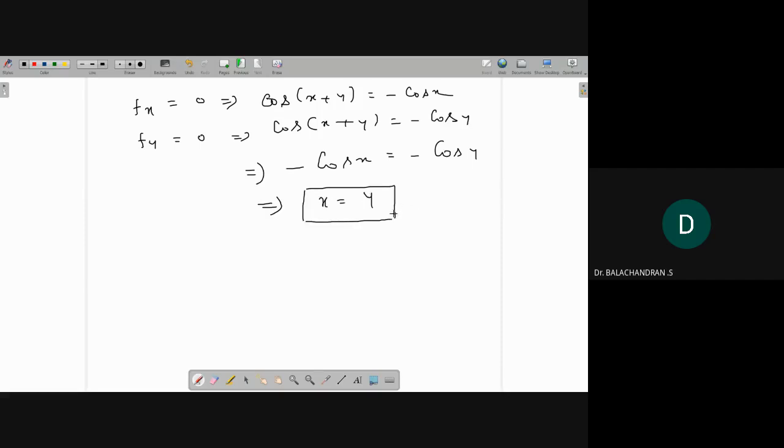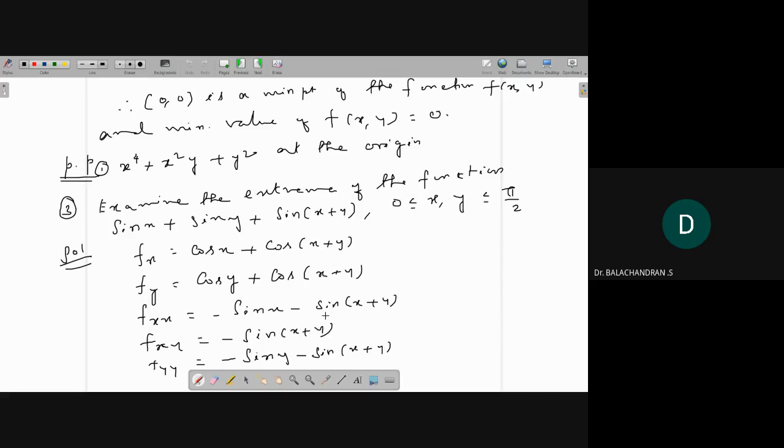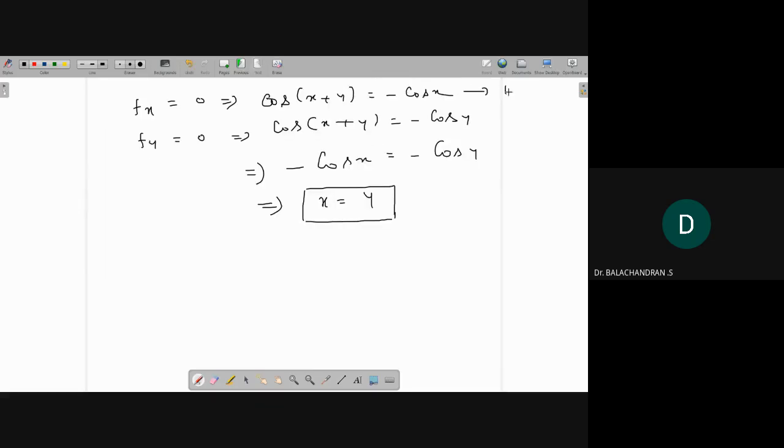Okay, so now I call these equations 1 and 2. Fx is equal to 0, so this is 1, this is 2, this is 3. Now substitute x is equal to y in the first equation.